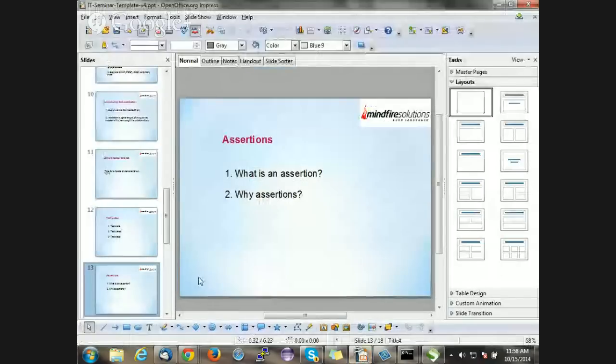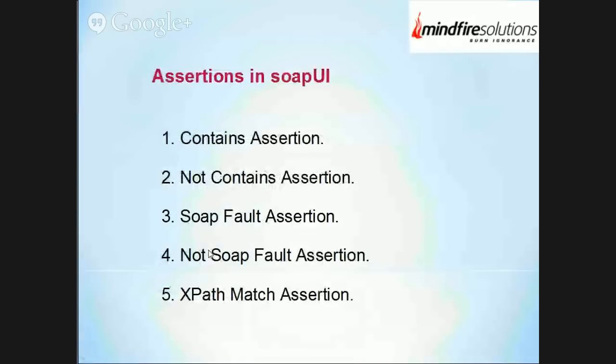Now we can see what the types of assertions are over here: contains assertion, not contains, SOAP fault, not SOAP fault, and XPath match assertions. I guess we can use all these assertions to check if our request was running successfully or not.